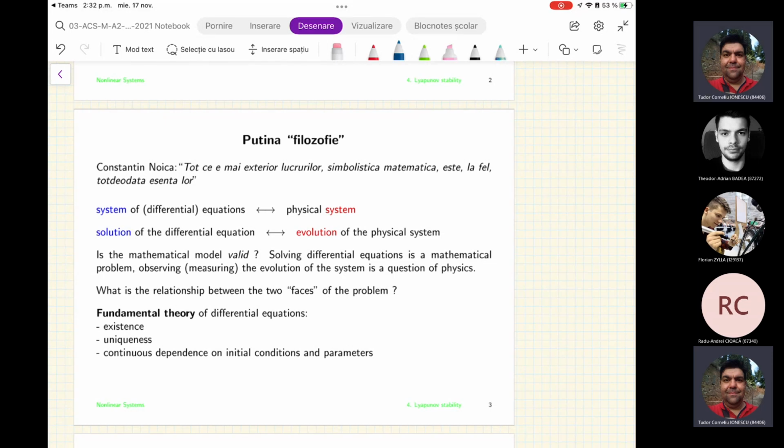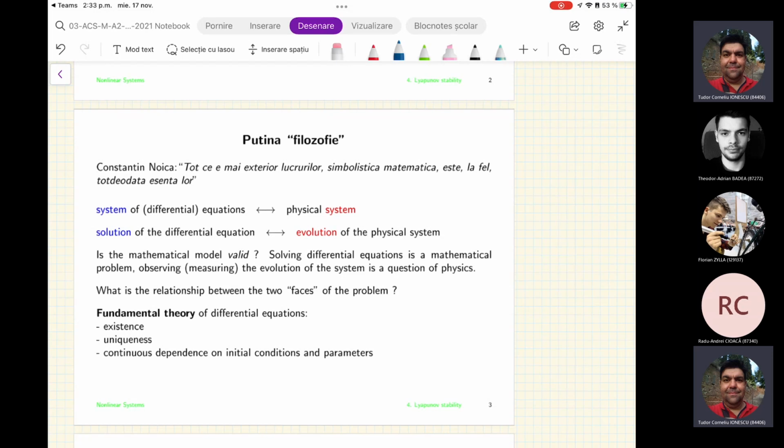And of course, we have to ask ourselves, we have to wonder, is the model valid? That's the biggest question of all, and that's a question we've been carrying throughout the entire lecture. You build a system, but is it valid? Because if you want to solve the differential equation, this is a mathematical Cauchy problem. But physically, you observe behaviors.